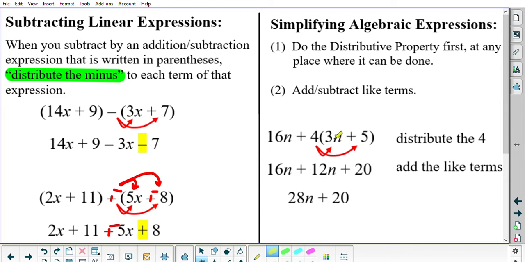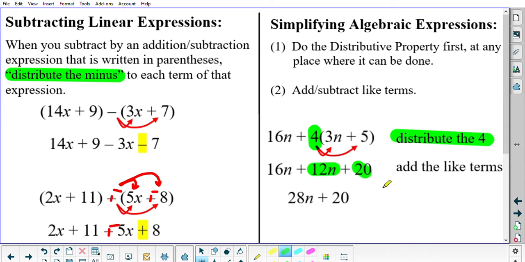So on this example, if you would try to do the 3n plus 16n and make 19n, no. The 3n is in parentheses, and outside of the parentheses is a multiplier. You must distribute that multiplier. 4 times 3n, 12n. 4 times 5, 20.